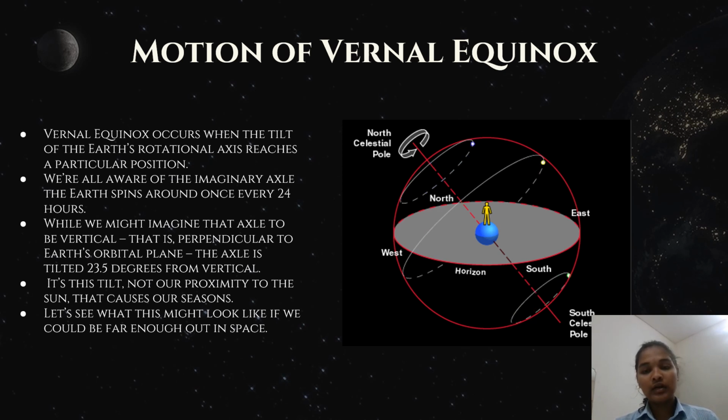Here we are trying to say that the Earth takes 24 hours to complete one revolution. Here you can see the image showing the rotation of the Earth and the axis which is tilted at 23.5 degrees.